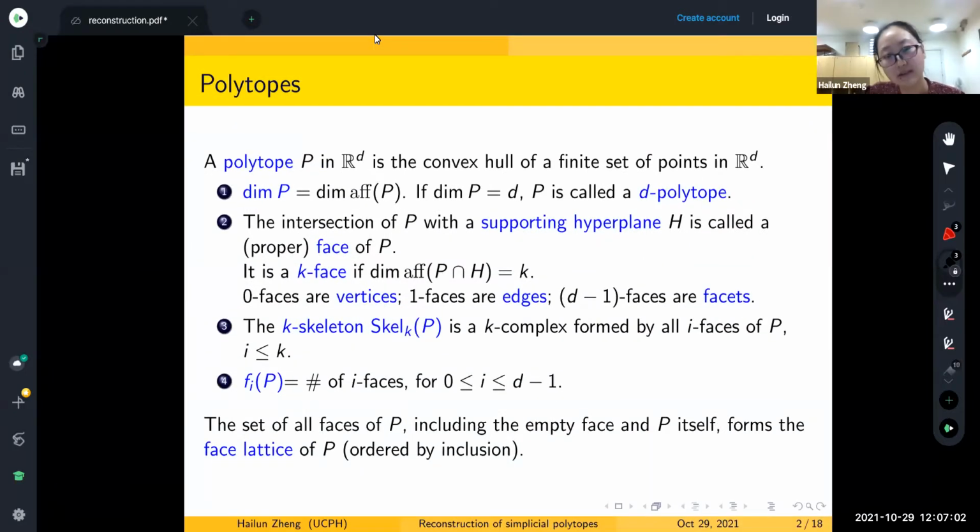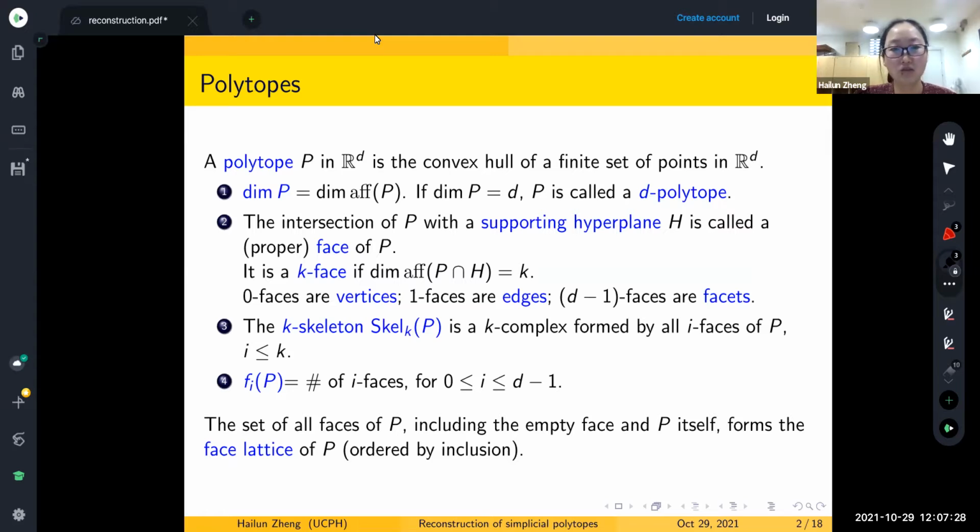The next definition is the k-skeleton of a polytope. This is a k-dimensional complex formed by all i-dimensional faces of P, for i up to k. If we let k be 1, then the 1-skeleton, based on this definition, is a one-dimensional complex formed by the vertices and edges.